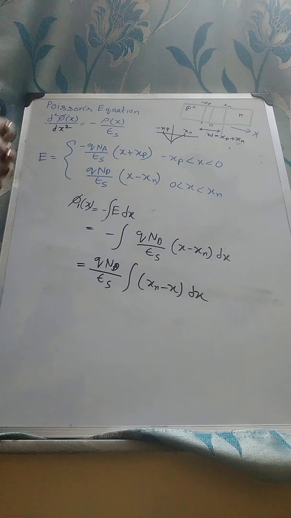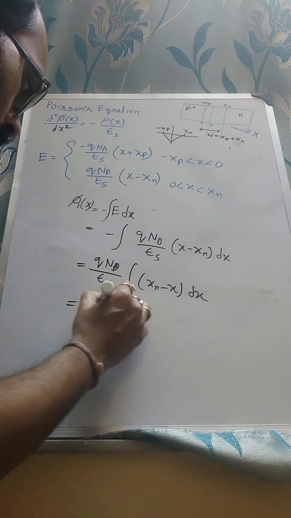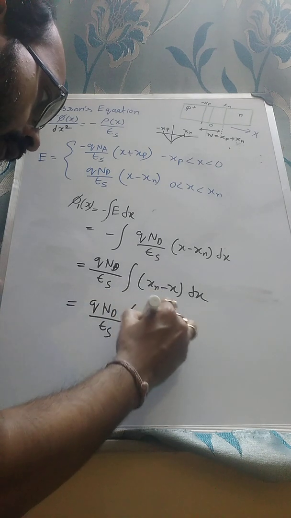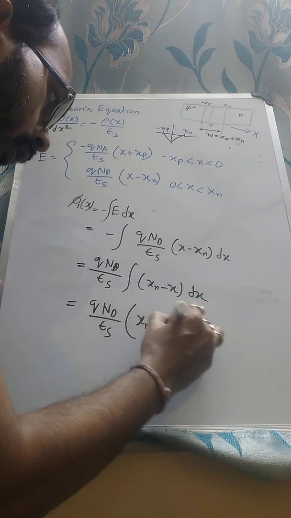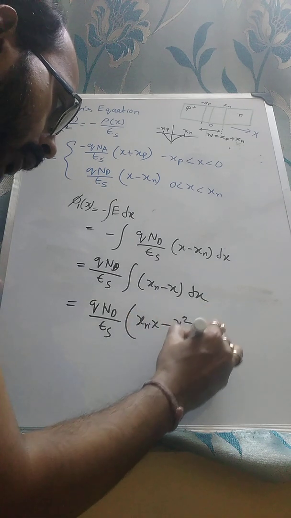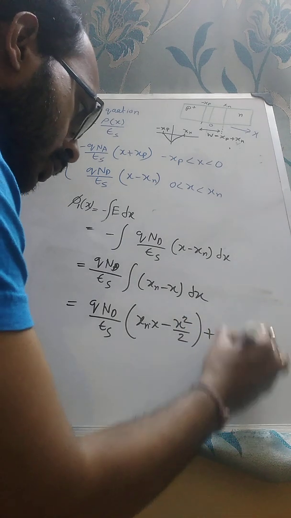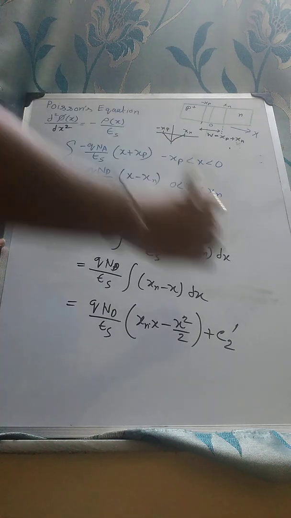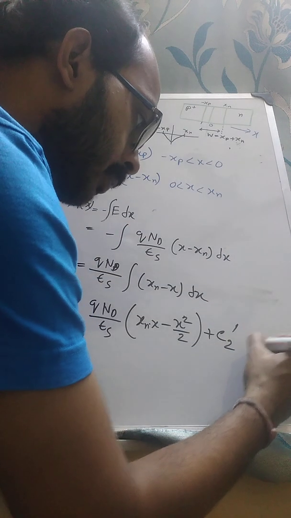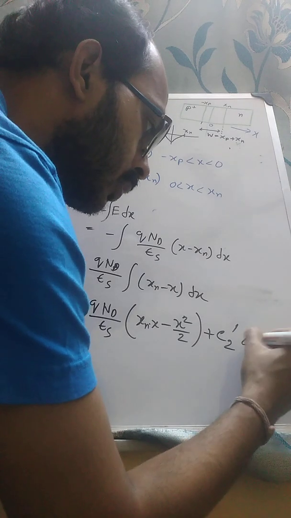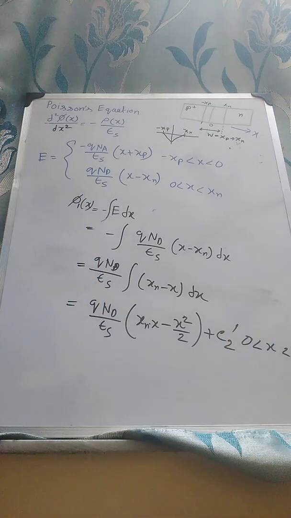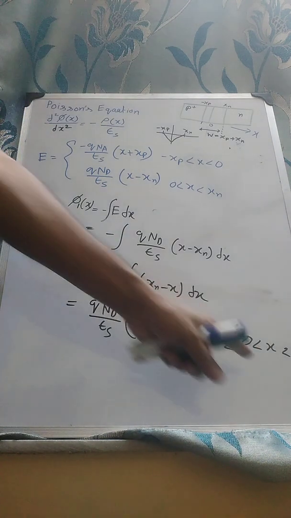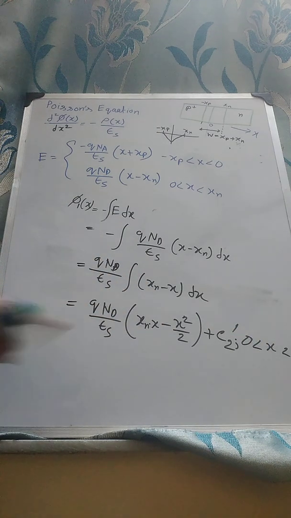So if you now do this integration, it would be q nd by epsilon s, inside you have xn times x minus x square by 2 plus c2 dashed, fine. So this is my expression, and this is valid between 0 and xn, right? This is the limitation, this is the region for which this expression will be valid.